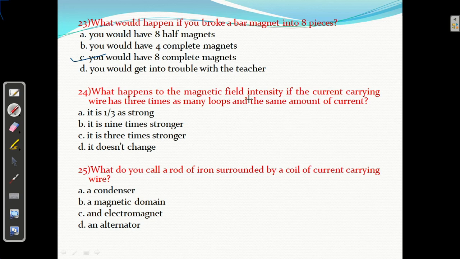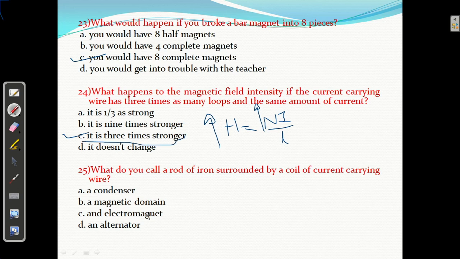Magnetic field strength H equal to Ni upon L. Only the number of turns is increased 3 times, so obviously H will be increased by 3 times. The answer is 3 times stronger. C is correct, right?